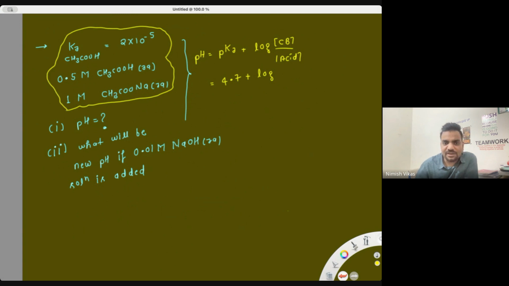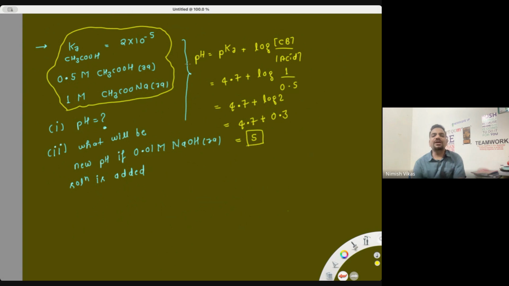So this sodium acetate will give you 1 molar acetate ion and 1 molar sodium ion. So this became 1 divided by 0.5, which is acetic acid concentration. So this will become 2. So 4.7 plus log 2, which is 0.3. So this became 5. So pH is 5 when we have not added NaOH.